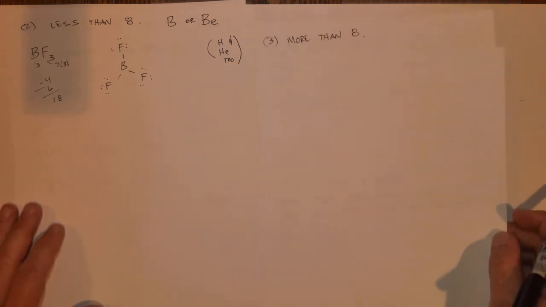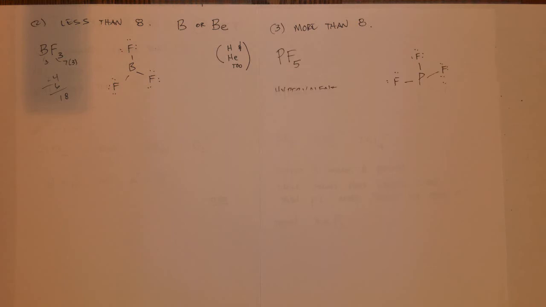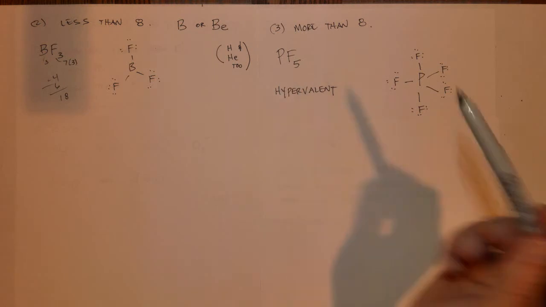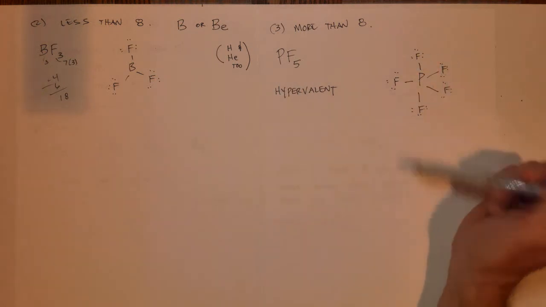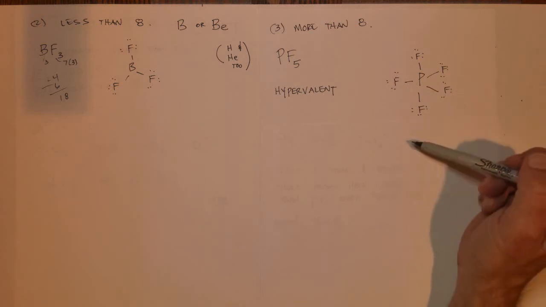The place that you will see the exception is where there's more than 8. These are called expanded octet or hypervalent molecules. Hypervalent, hyper meaning more, so more than a valence of 8. PF5 is an example. So P, 5 fluorines around it. We have no choice. We have to put 5 fluorines around the phosphorus.